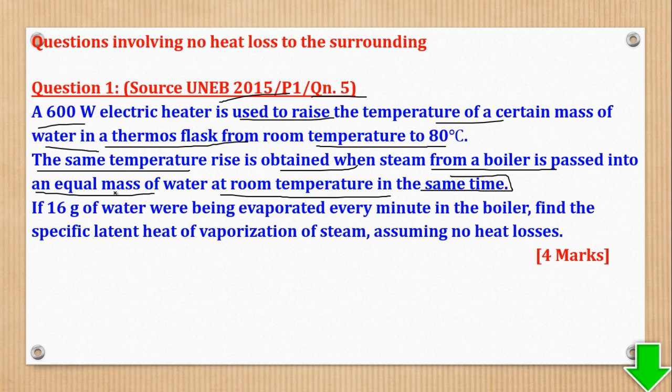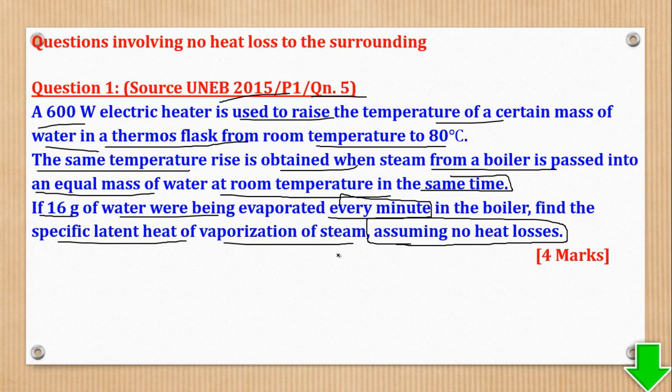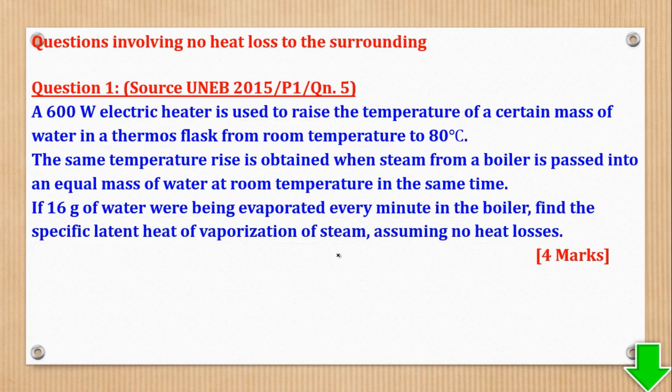Note the words equal mass of water at room temperature and in the same time. If 16 grams of water were being evaporated every minute in the boiler, find the specific latent heat of vaporization of steam, assuming no heat losses.